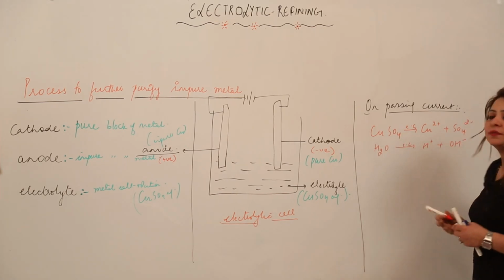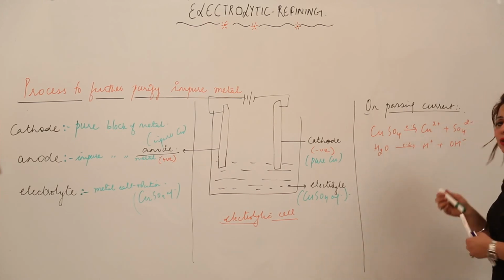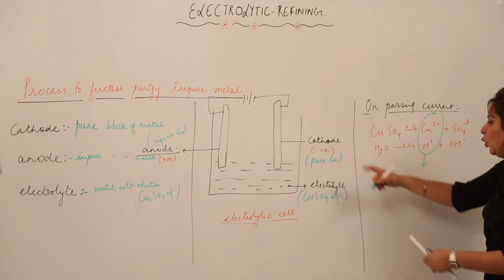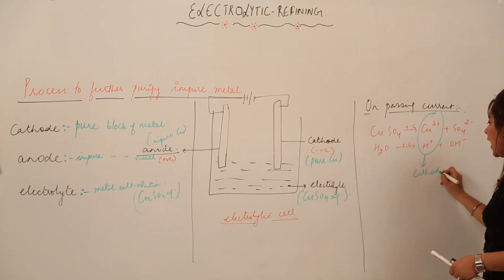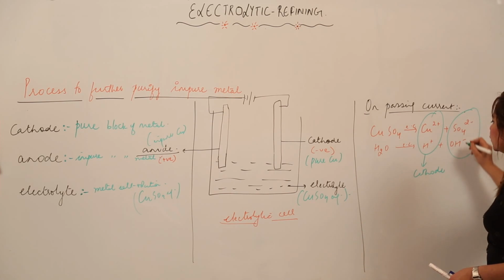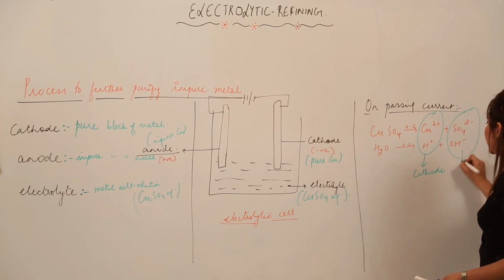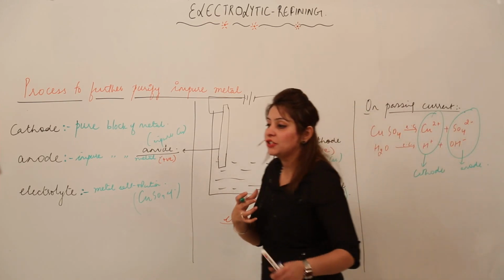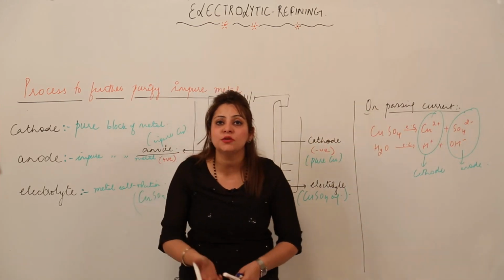Positively charged ions move to the negatively charged pole, the cathode, and negatively charged ions move to the positively charged pole, the anode. There they perform their basic reactions of oxidation and reduction.